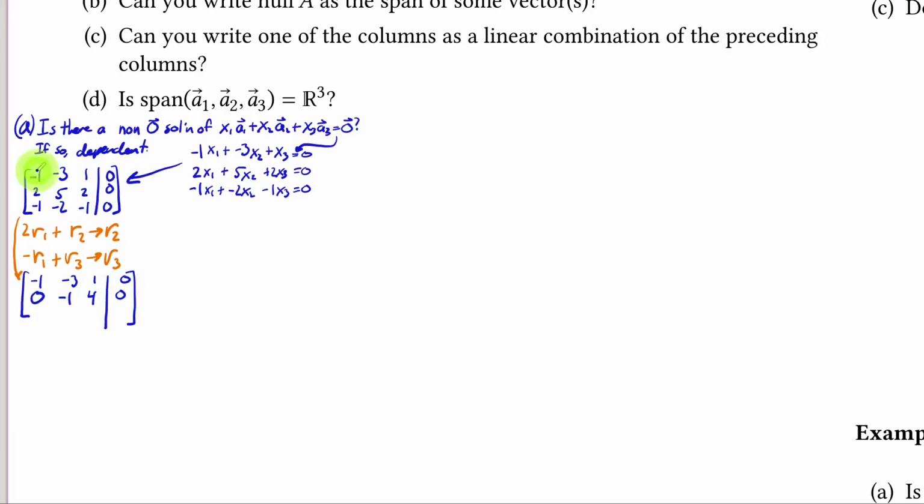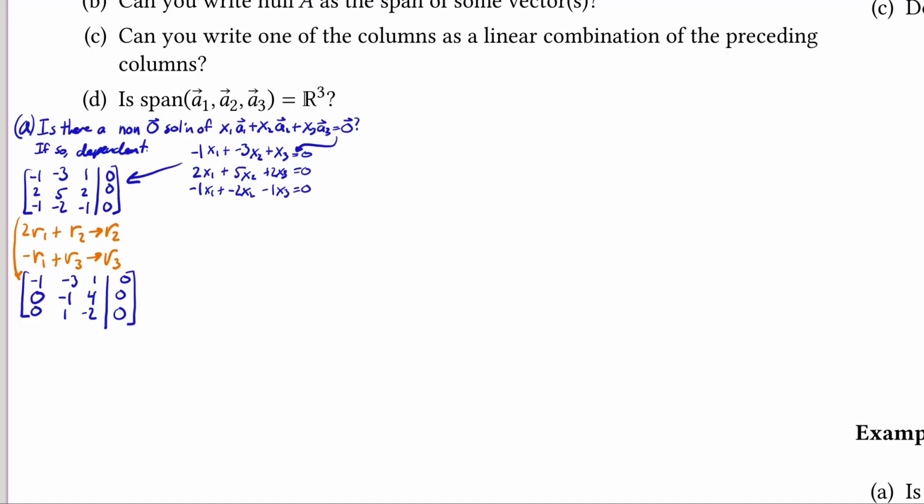Likewise, we're going to do -1 times row 1 plus row 3 to clear away that bottom left non-zero entry. So that's -1 minus 1 is 0. -3 minus 2 is 1. And -1 minus 1 is -2. And then -0 plus 0 is 0.